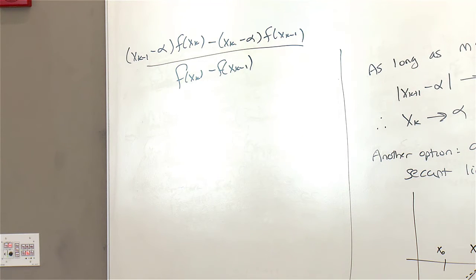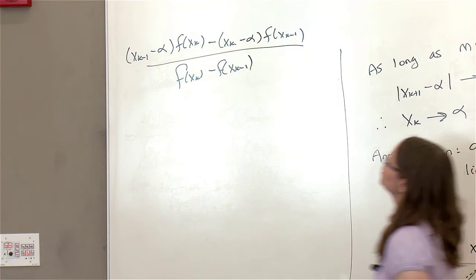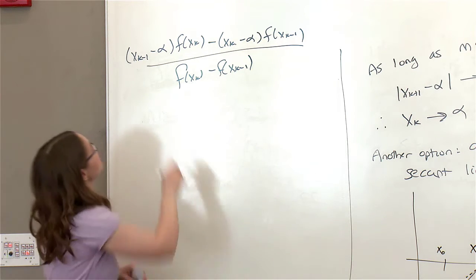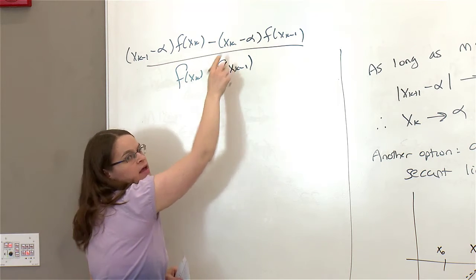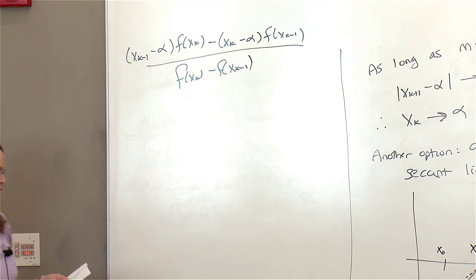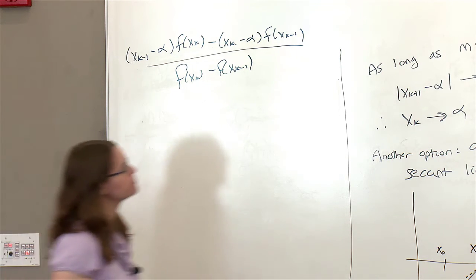Okay, so if you were standing up here in my shoes, what would you do next? So I can't quite factor out the xk minus alpha because this is k minus 1 and this is k. That's what I want to be able to do. I want to be able to kind of factor these things out. But we're not quite there yet.